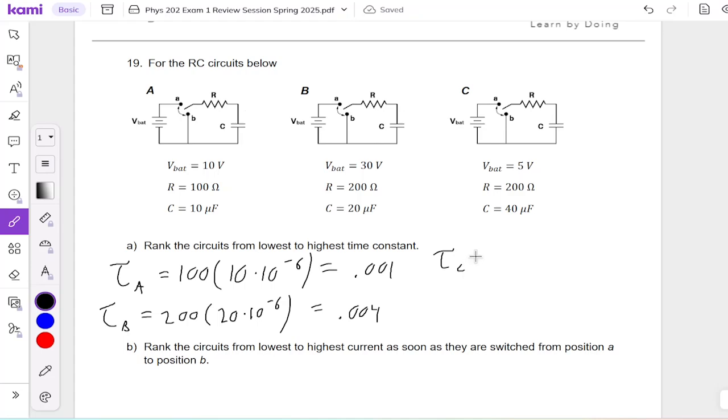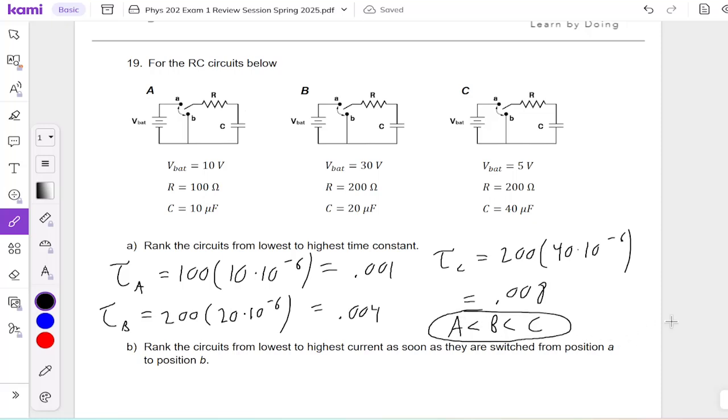And for C, it's 200 times 40 times 10 to the minus 6, giving 0.008. So it looks like C is greater than, oh, they said least to highest? Okay. A less than B less than C. And Skylar, what does that mean in context of this circuit?